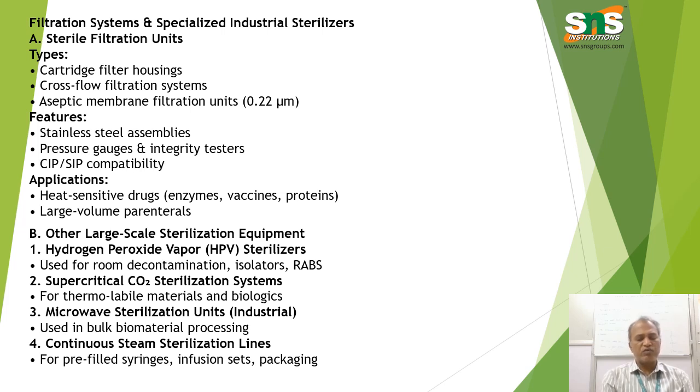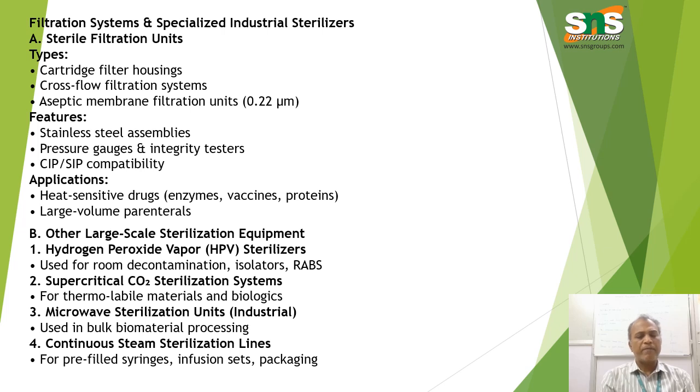For this reason, immunological products like enzymes, vaccines and proteins undergo sterilization by filtration. The filtration system is made up of cartridge filter housings and aseptic membrane filtration with a size of 0.22 micrometer.